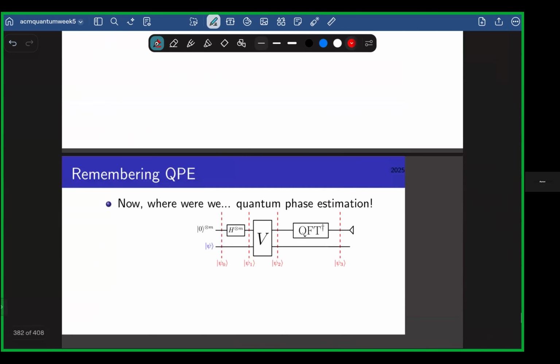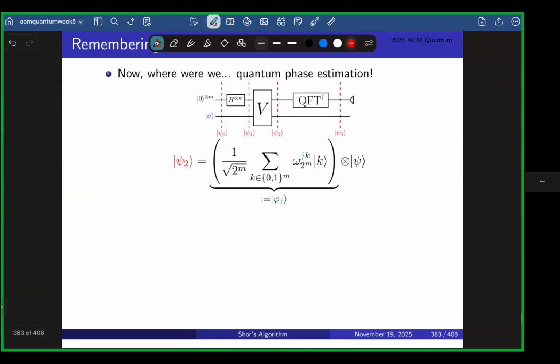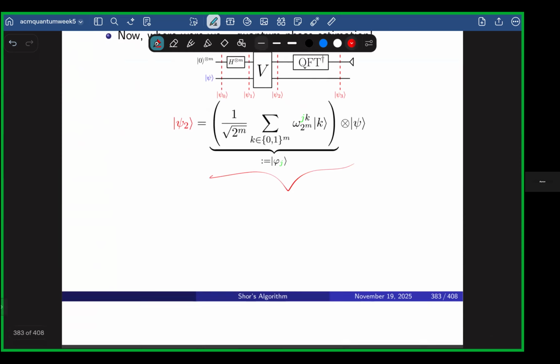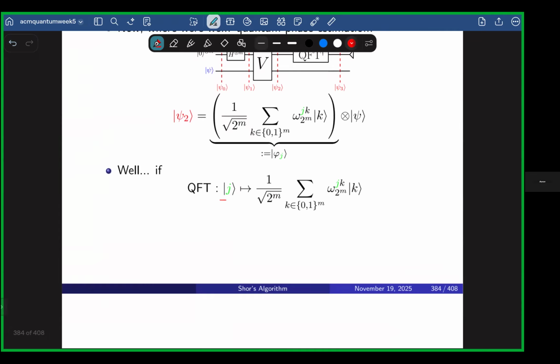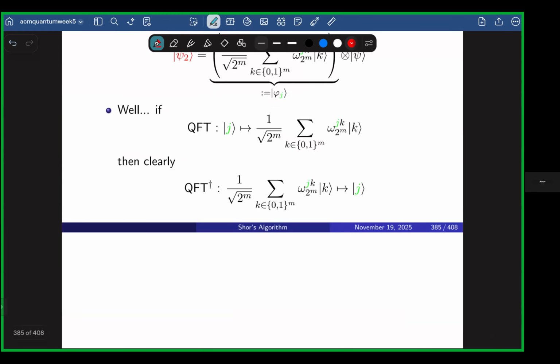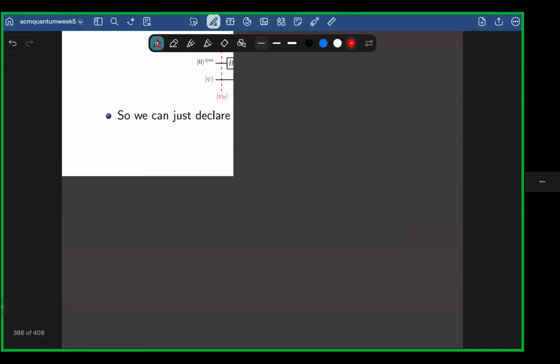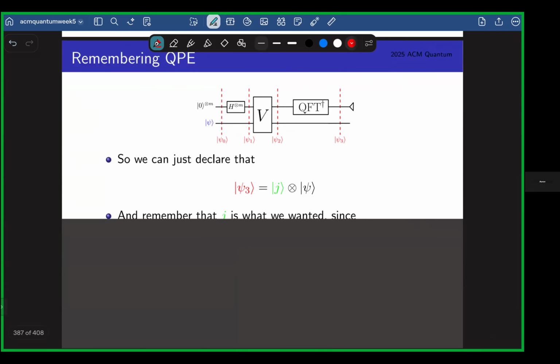Let's jump back to it. On this side too, we had this phi J, and then we're going to apply inverse Q of T. If we know that Q of T maps J to this phi J, then we immediately know that the inverse Q of T will map phi J's into J's, which means we can just say that psi 3 has J in it.